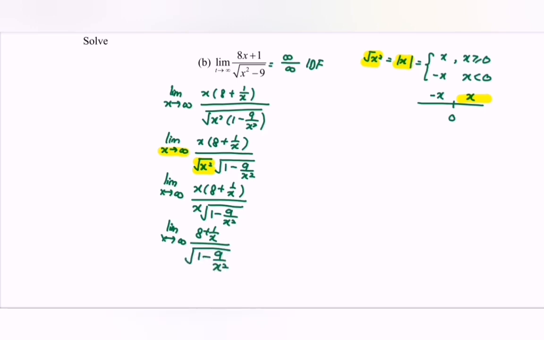So if we substitute the infinity into this part, we will have 1 over infinity, which is equal to 0. Same goes to this part, we have 0. So finally, limit when x approaching infinity for the function 8x plus 1 over the square root of x squared minus 9, the value of y will be approaching 8.